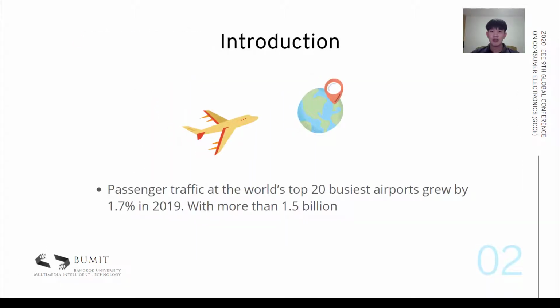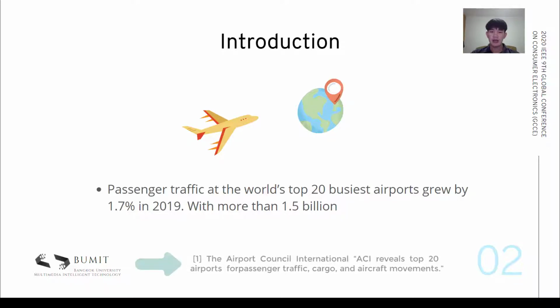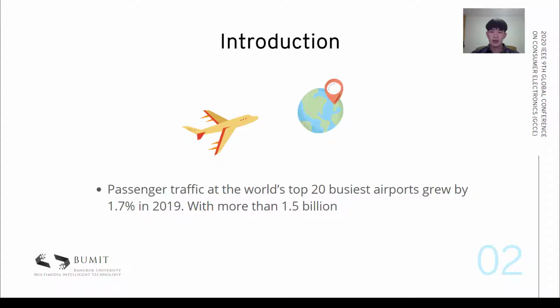Did you know that travel nowadays uses more and more public transportation every year? As reported by Airports Council International, or ACI, passenger traffic at the world's top 20 busiest airports increased by 1.7% in 2019, to more than 1.5 million.